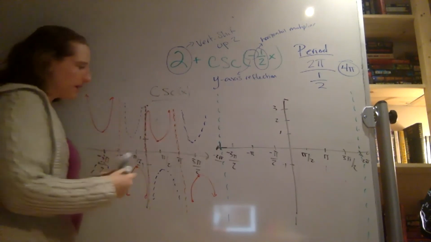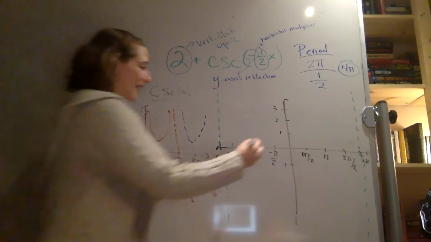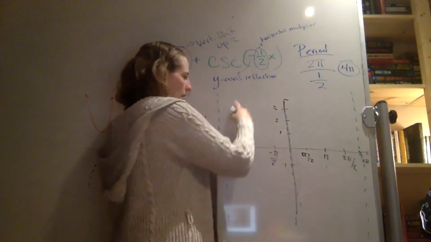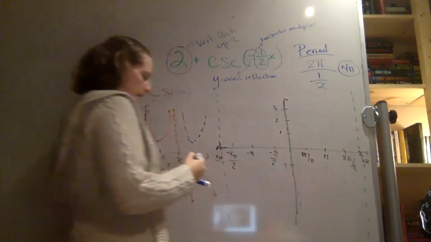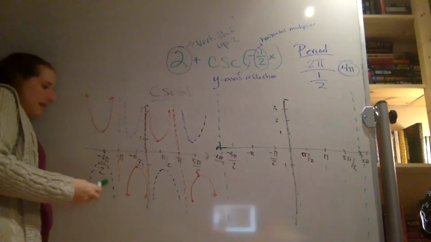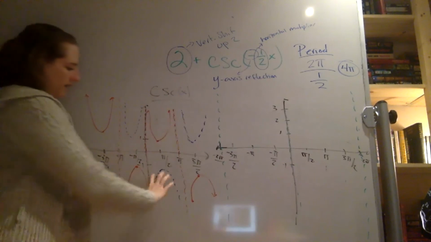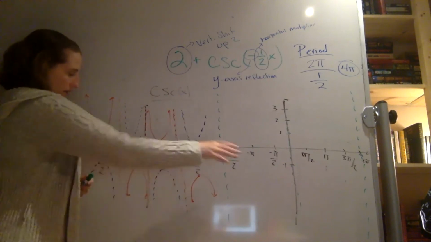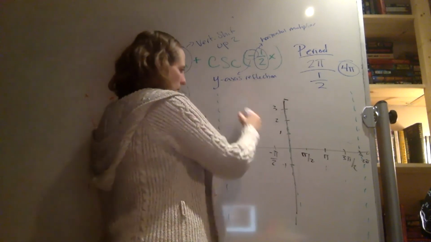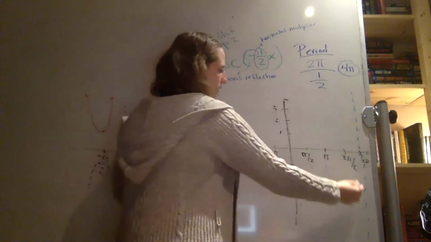So if I take my period and I split it in half, I'm going to get one up and one down inside of each of those. To decide which one I'm going to get, I'm going to remind myself about my reflection here. My reflection shows the down curve on the right and the up curve on the left. So I'm going to have my up curve over here and my down curve over here.